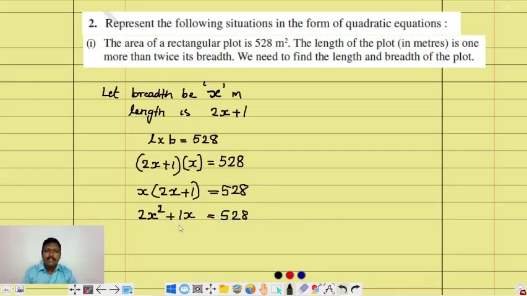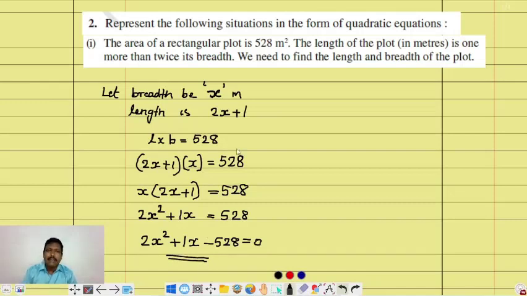Now we can write this in the standard form, that is 2x squared plus 1x, or x, minus 528 equal to 0. So this is the quadratic form of this question.